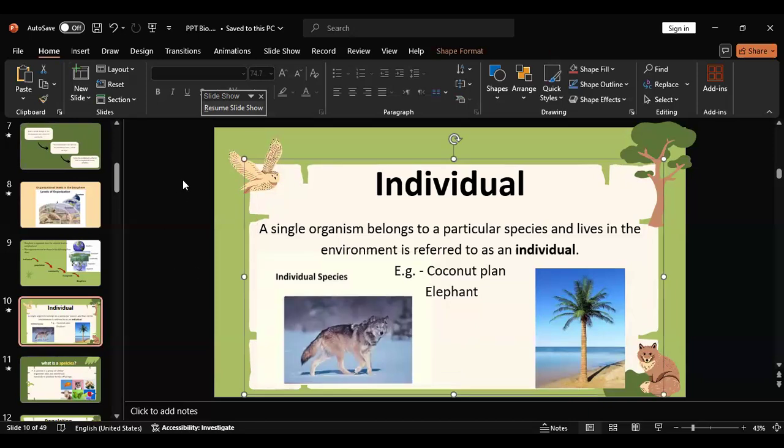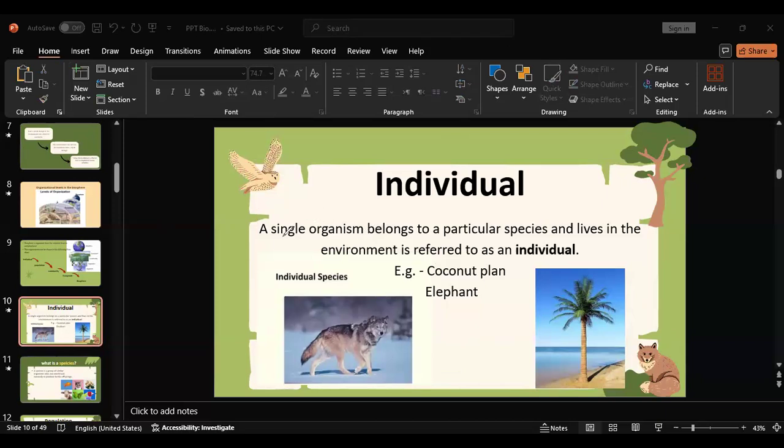So here we consider a single organism, that means one organism of a particular species. So one coconut plant, one elephant, that is the individual. The definition will be like this: a single organism belonging to a particular species.